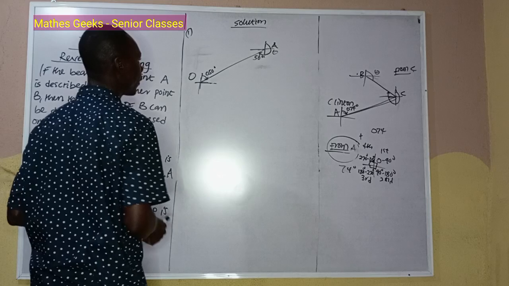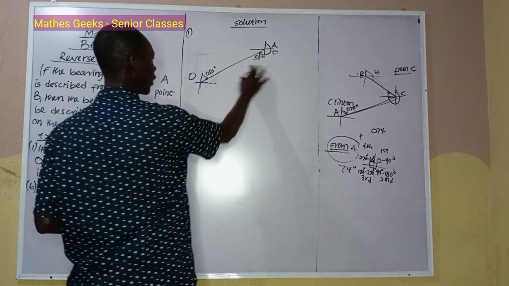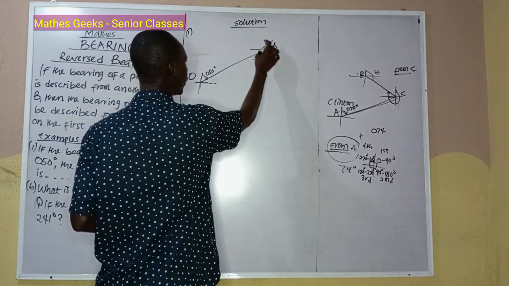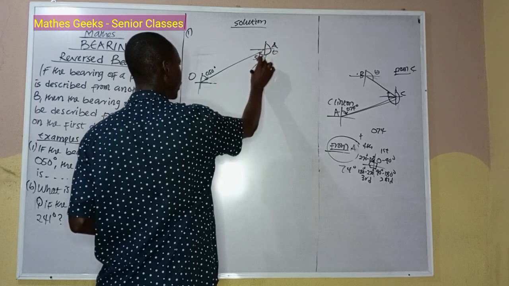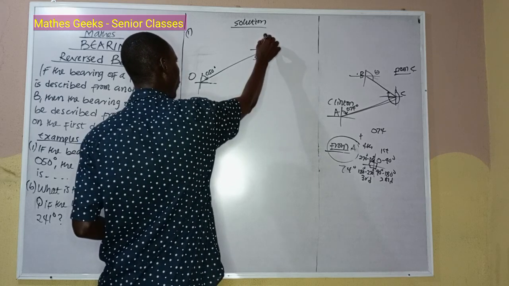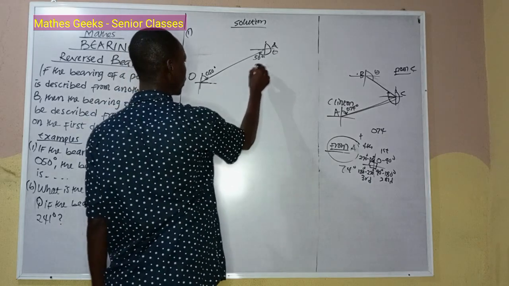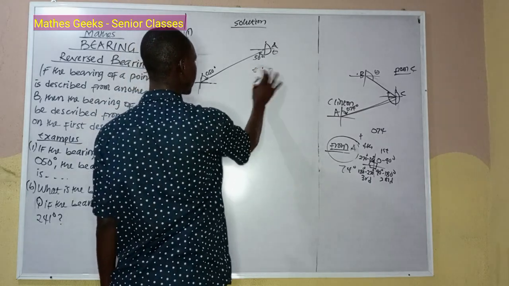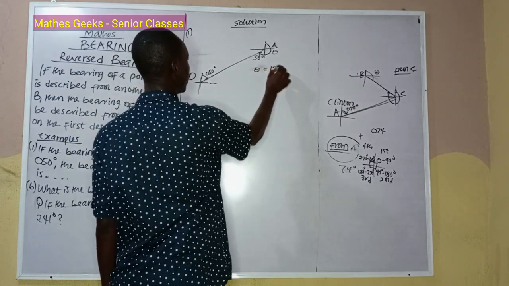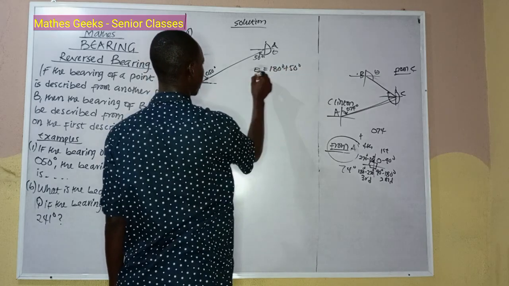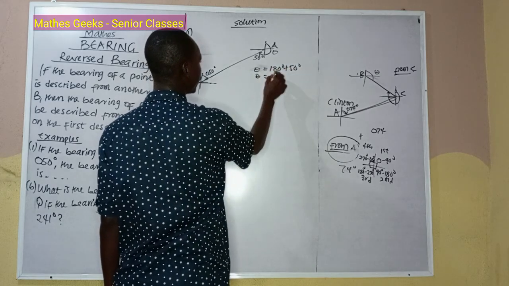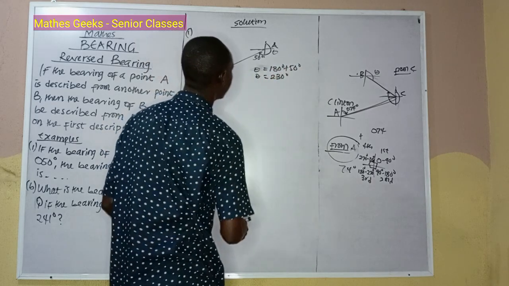It follows that 180 degrees from north to south, plus this 50 degrees, will give us the whole from north to this line. So theta is equal to 180 degrees plus 50 degrees, and theta is equal to 230 degrees.